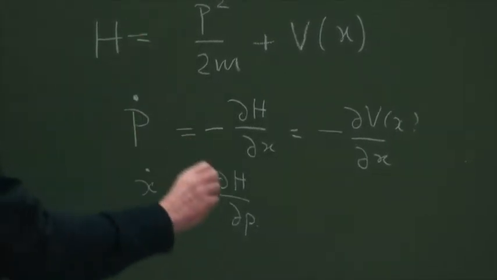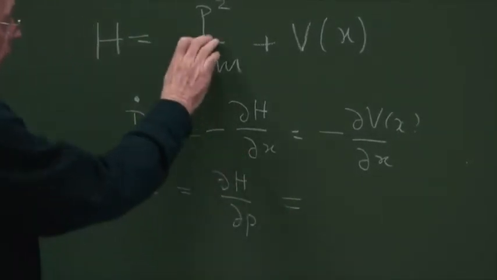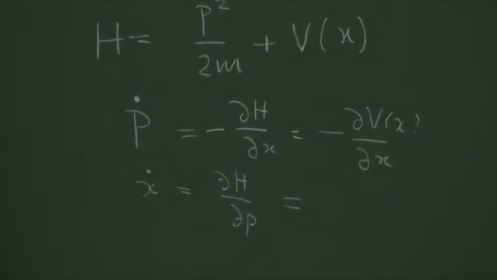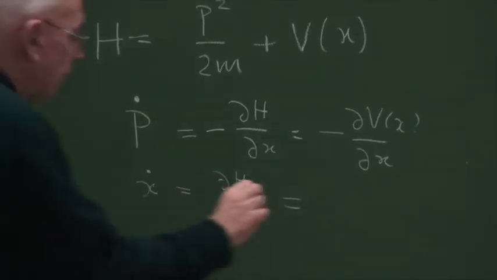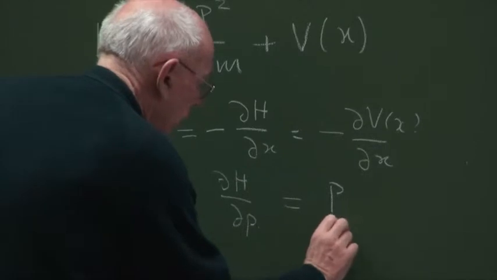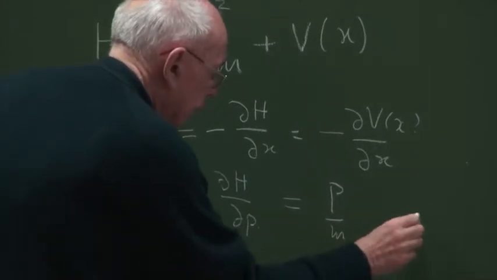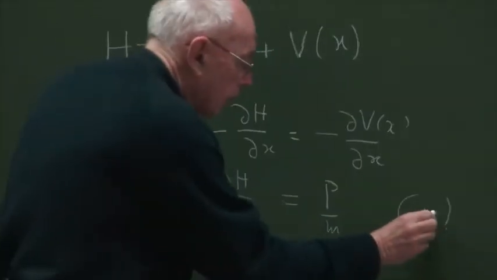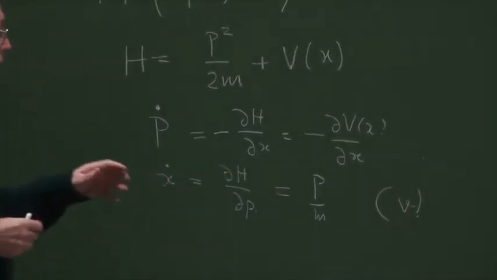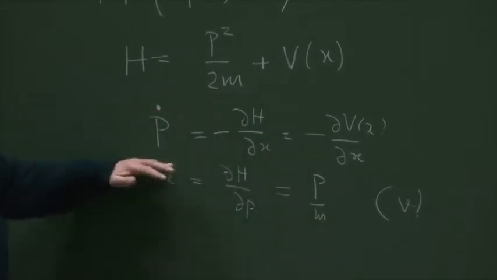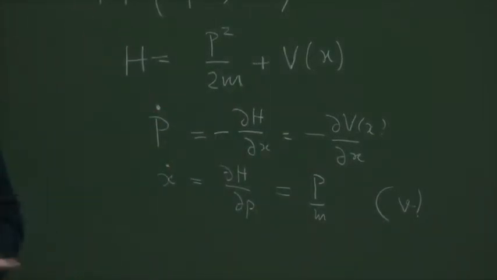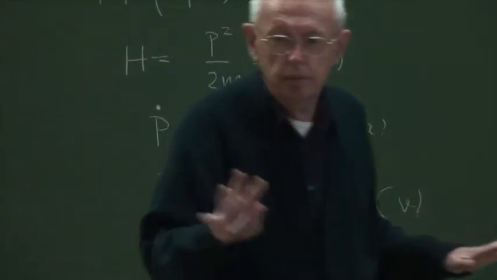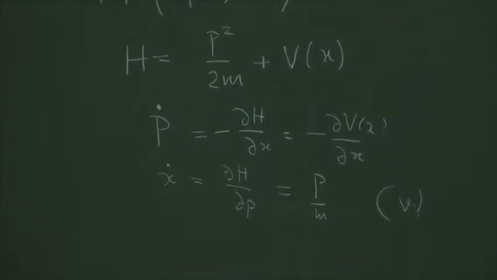And if we apply this to that equation, what do we get? p over m, which is v, in our language, a small v. So you see, by just writing down this and knowing the Hamiltonian equations, you know everything which you knew from Newton's laws in any case.